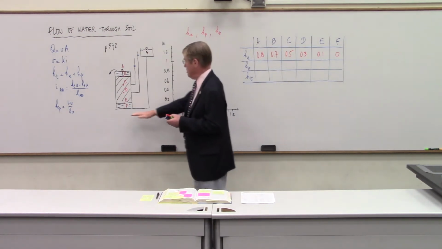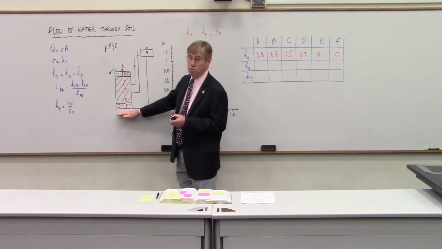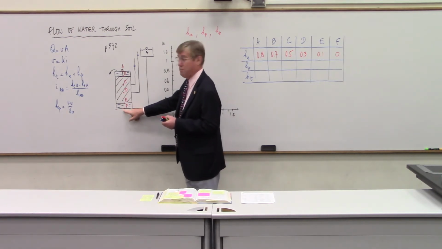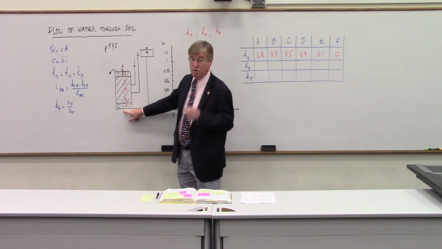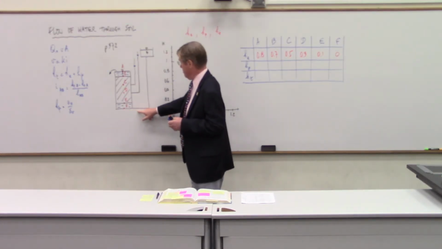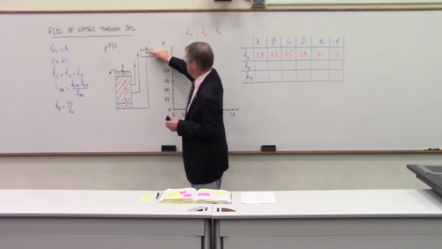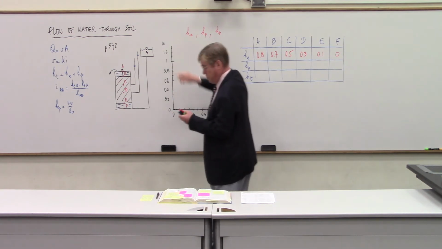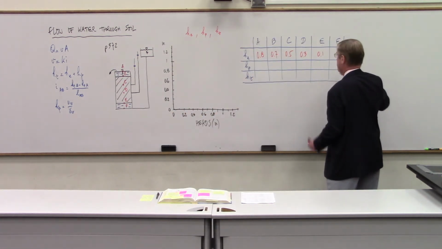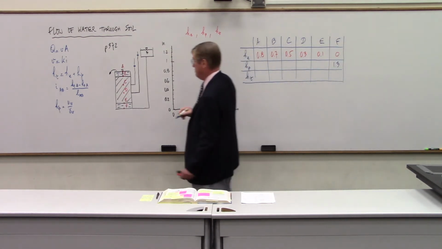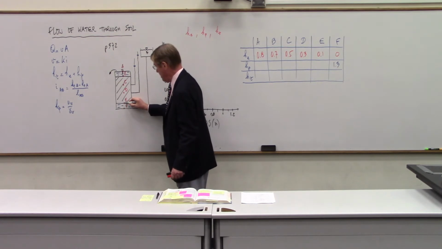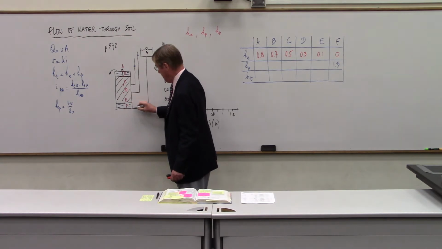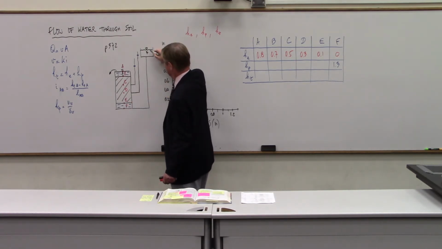Let's look at the pressure head at F. Do you see a pipe connected to F where we have free water in the pipe, no soil? Well, at F, if I go this way, this is free water all the way to here. So the pressure head at F is going to be 1.3. Pressure head, 1.3. At E, I also have a continuous water path all the way to a free water level here.